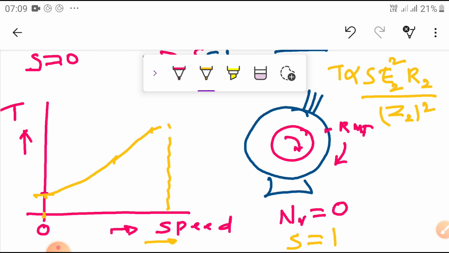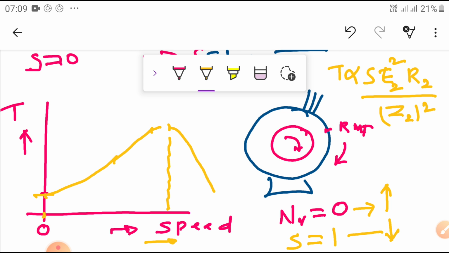After that, with further increase in speed, the torque slowly reduces. That means the speed is increasing and the slip is decreasing.